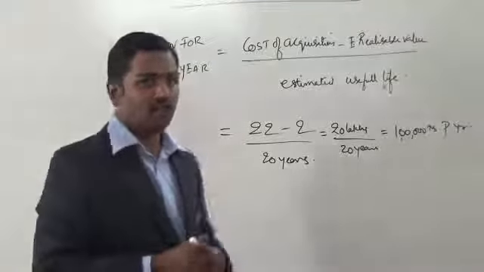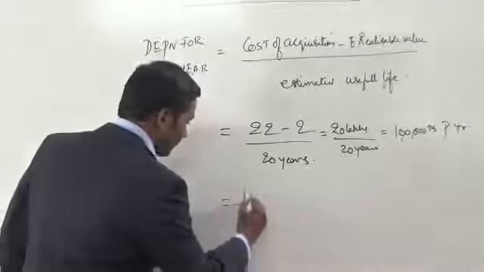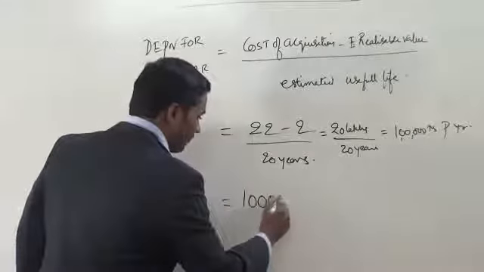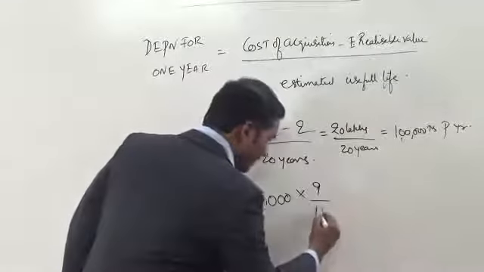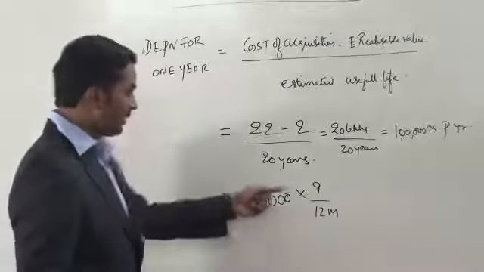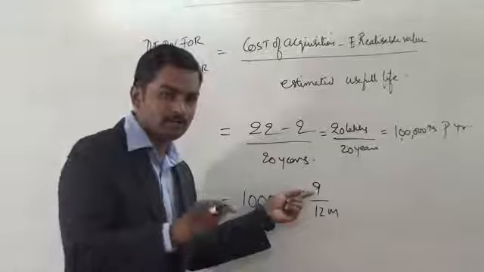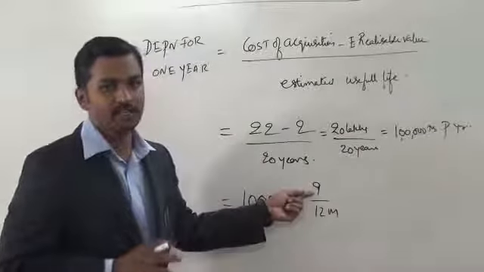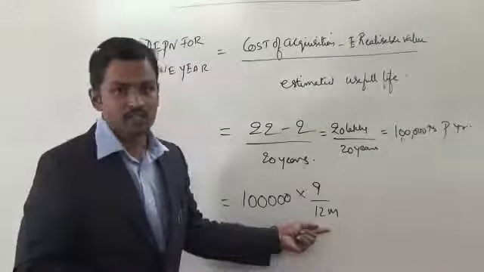In such a case, depreciation to be charged for that year will be depreciation per annum 1 lakh into 9 months divided by 12 months. What is this 9 months period? This is the number of months for which we have used the building in this year. And 12 months is the total number of months in a year.